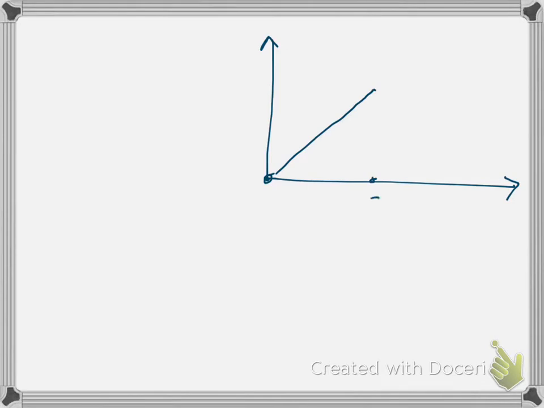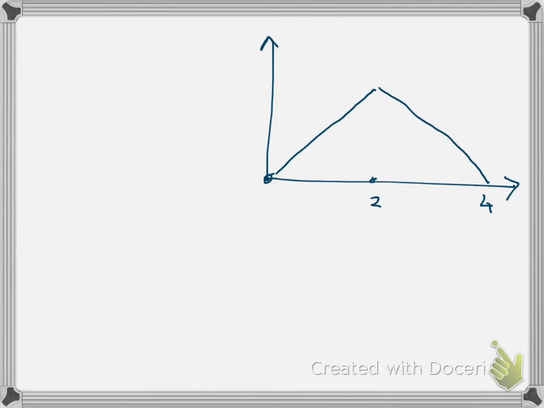And then from 2 to 4, the function is 1 over 4 (4 minus x), so the slope is negative, so something like that. Now if you try to integrate this function, the total area will be equal to 1 because it's a probability density function. The total probability is equal to 1.